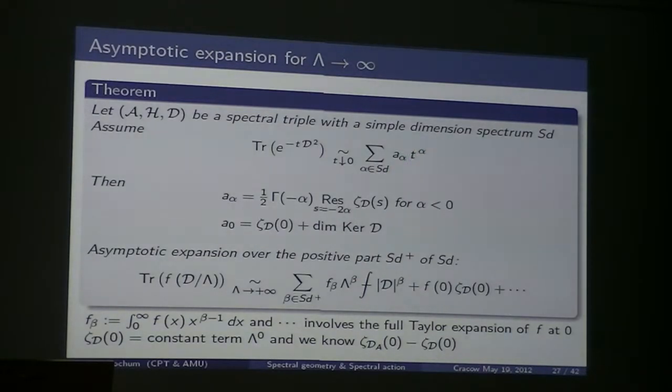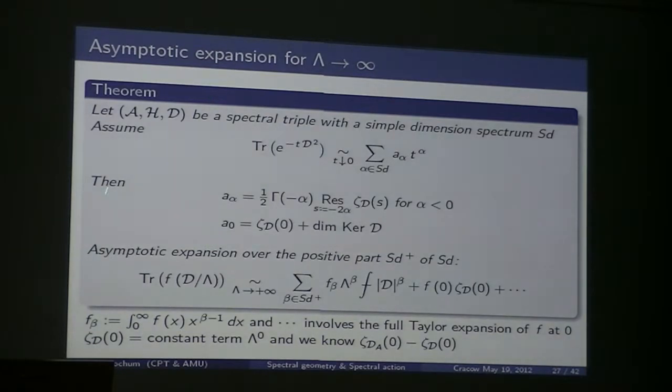And for instance, when t is equal to 0, which is quite important because this is where the coefficient is invariant by dilation, this has really physical significance. Then A0 is just the evaluation of zeta D at the point 0, and here you have these extra terms where the kernel of D appears.